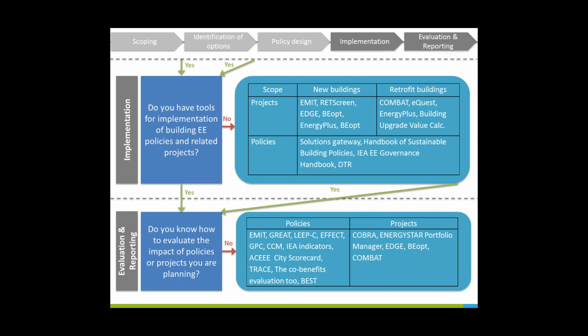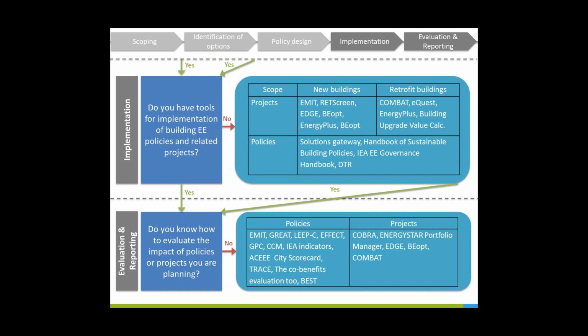They can also help to evaluate the costs and energy efficiency savings based on the policy inputs. And for the projects, I can mention, for example, Energy Star Portfolio Manager or H tool, which can give the opportunity to analyze potential energy savings from particular building projects based on the inputs provided by the user.